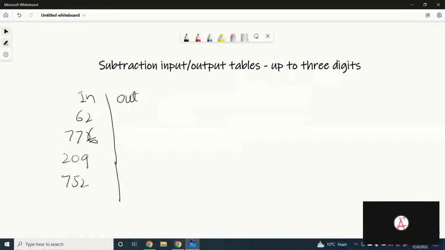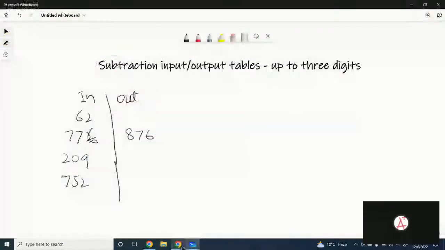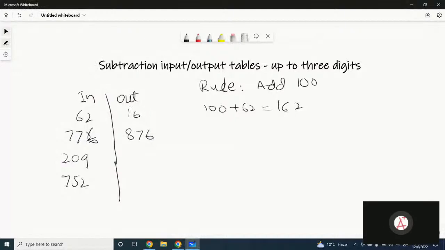Okay, the rule is you have to add 100. Add 100 means you have to add 100 to each input value to find the output value. Got it? So then 100 plus 62 is 162. So here you have 162.